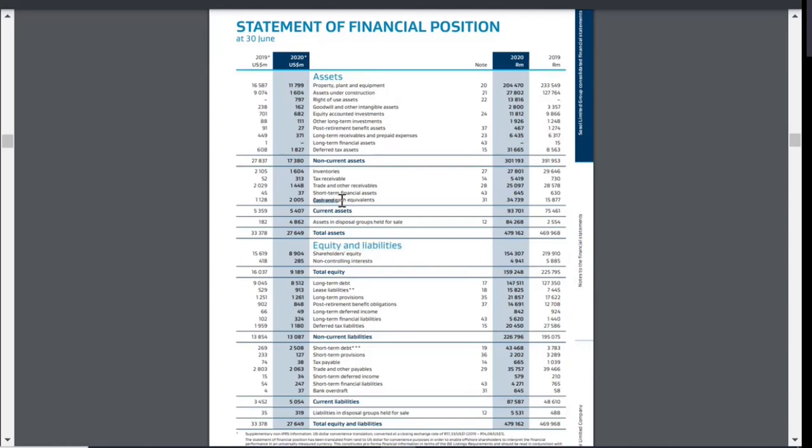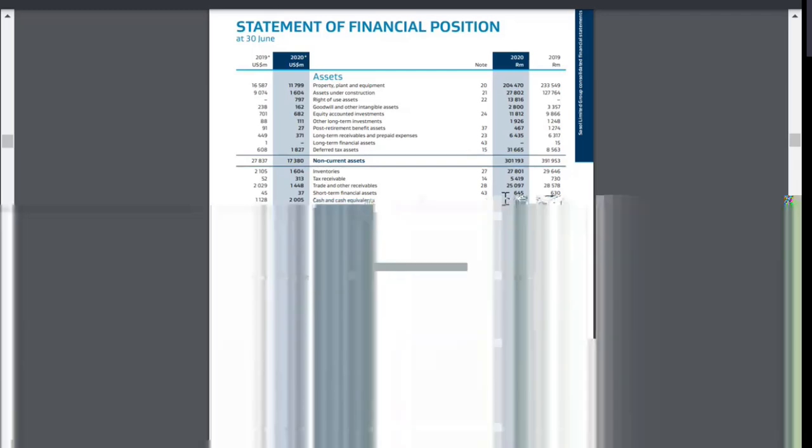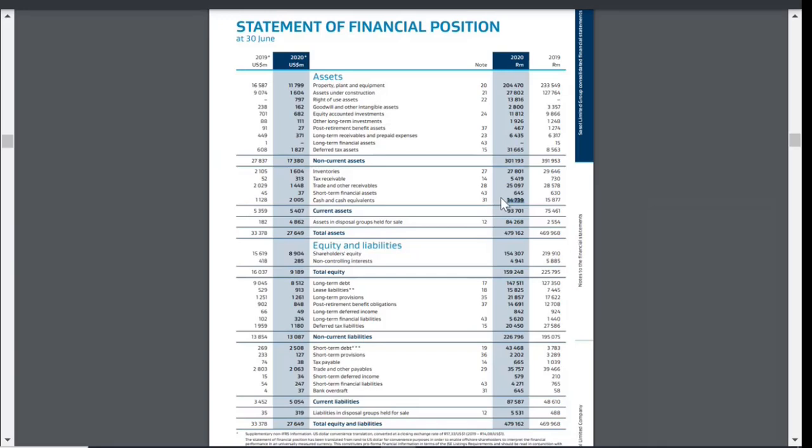Cash, can you see? Cash and cash equivalents. This is the financial position of Sasol as at the 30th of June, which is 34739 million. Can you see?